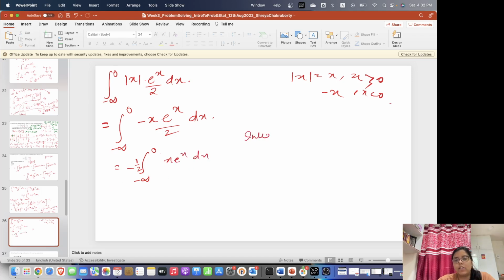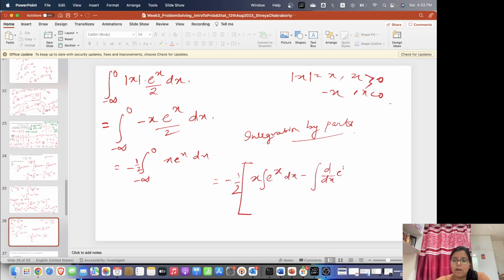Again we'll do integration by parts. This we'll write as minus half x integration e to the power x dx minus d dx of x integration e to the power x dx, minus infinity to 0. So this will be minus half x e to the power x minus of e to the power x, minus infinity to 0.